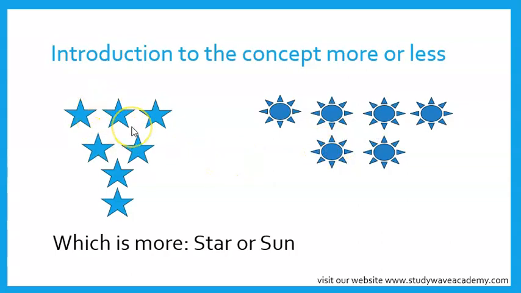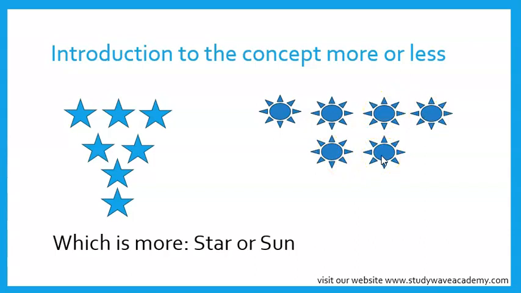First, we are going to count the stars. Let's see how many stars we have. 1, 2, 3, 4, 5, 6, 7. We have 7 stars. Now let's count the sun. 1, 2, 3, 4, 5, 6.